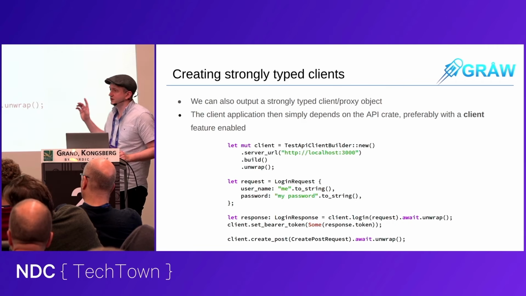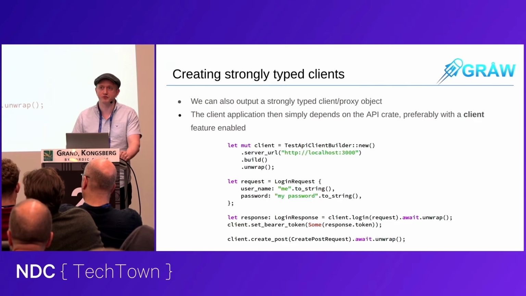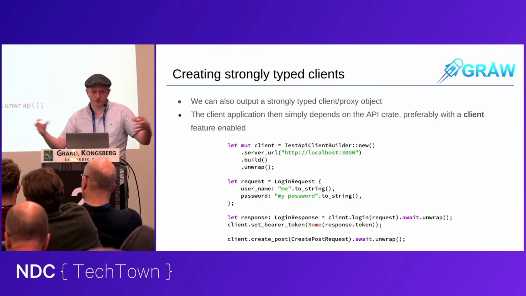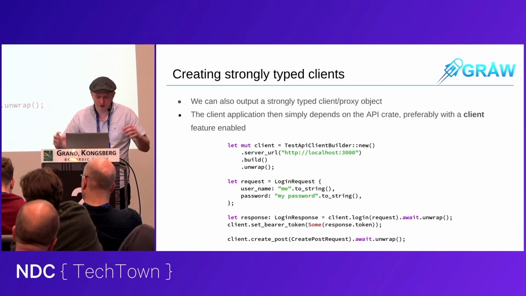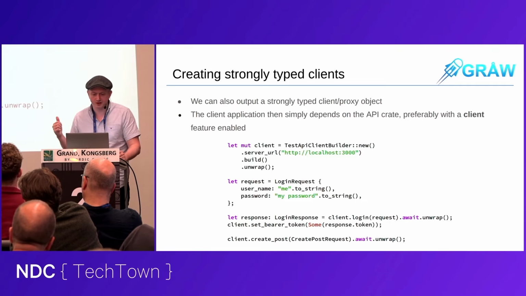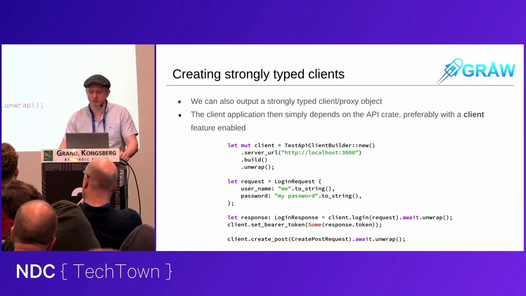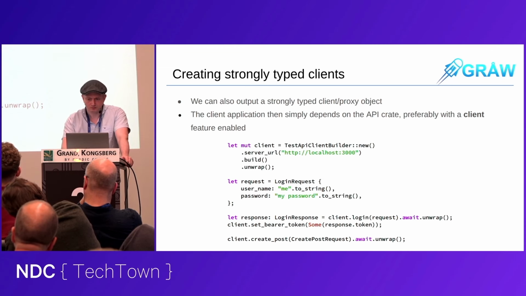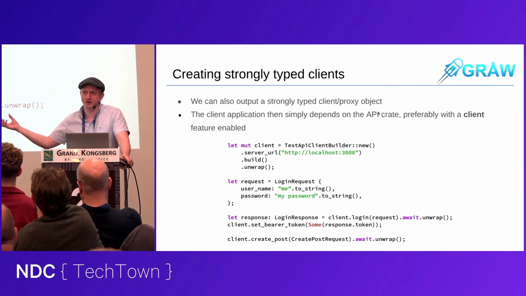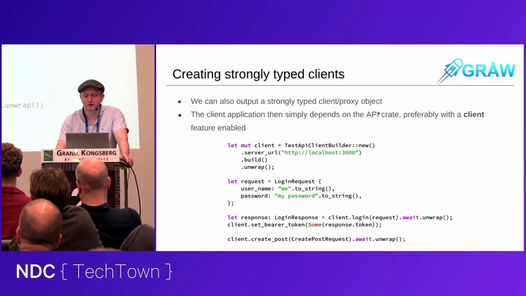This is obviously not true for all ways of deploying software, but in the case where you have a front end coupled to your backend or two services talking together in the same sort of application deployment environment, most likely you can enforce that they will match, right? And since it's all Rust code, the only thing you really do is depend on that API crate directly as a cargo dependency.